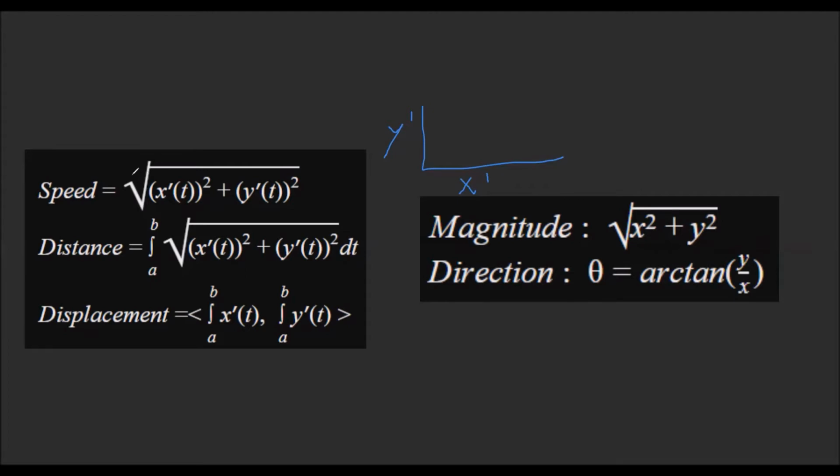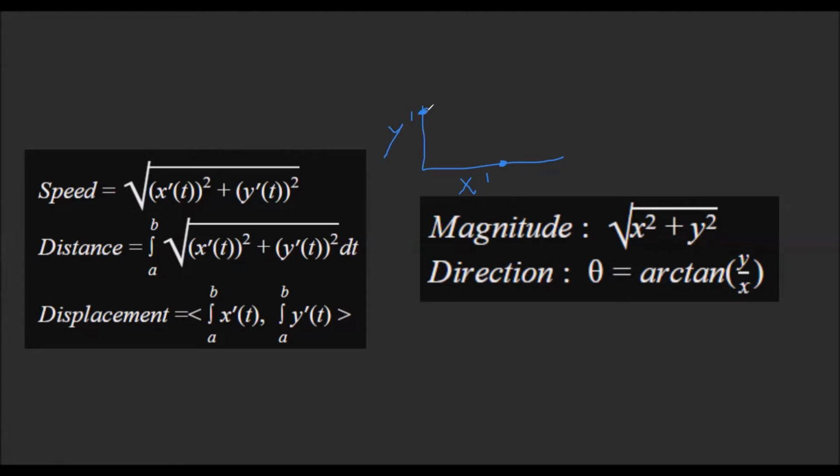And you can see this looks awfully similar to the Pythagorean theorem. So if we have, for instance, a y prime value here, and an x prime value here, what we're trying to do is just find the magnitude of these two added together, and not necessarily added together, but put together.